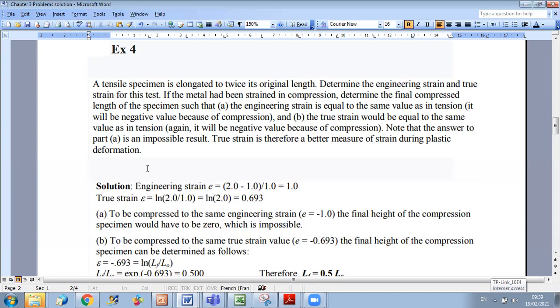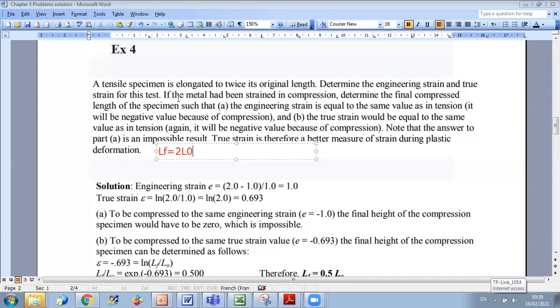Okay, so let us start. First, they said that a tensile specimen is elongated to twice its original length. So we can write that L final is equal to 2 times L0. Okay?